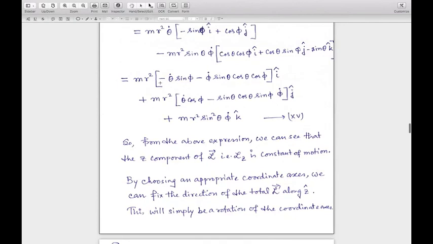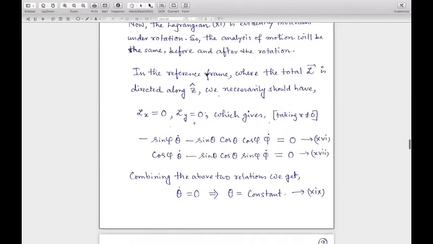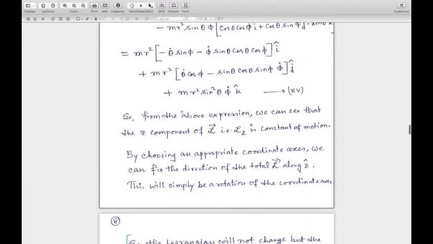Now you can always say that the x component and the y component are 0 if r is 0, but if r is 0, the z component is also 0, then the total angular momentum is vanishing also. So this is a trivial case, this is not of our interest. We will try to see when r is not equal to 0, then the individual contributions within the brackets will vanish.